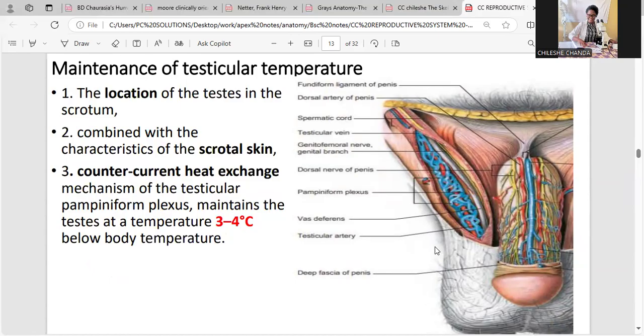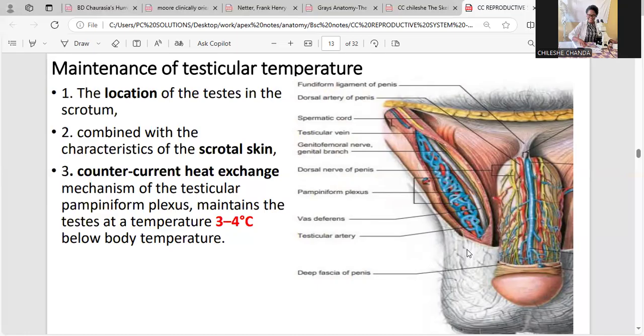The other thing is that there are some characteristics of the scrotal skin. Remember, the skin of the scrotum is wrinkled like that, in order for it to either expand or contract.